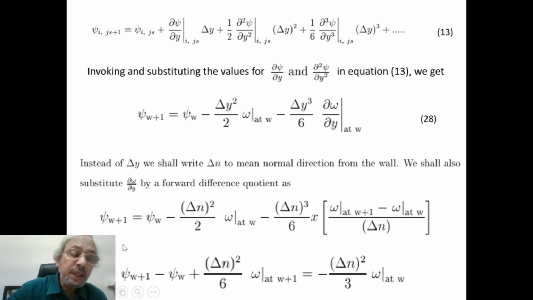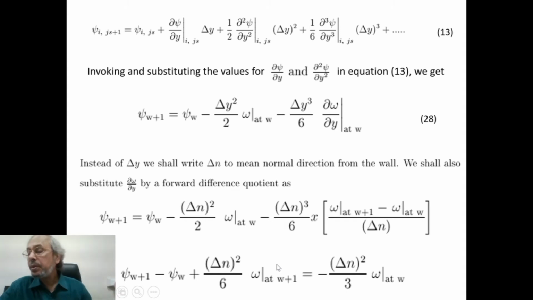So this becomes psi at w plus 1, the psi at the near wall point, minus psi at the wall, plus delta n square by 6 omega at w plus 1 equal to these two terms together, omega at w, minus delta n square by 3 omega at w. So this is just the algebraic steps I have narrated.